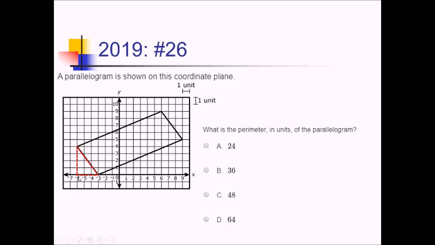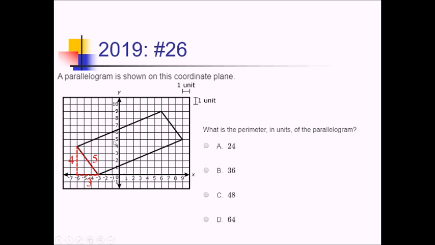So this triangle has a base of 3 and a height of 4. And if I want to find the third side, the hypotenuse, I could do the square root of 3 squared plus 4 squared and use Pythagorean theorem. However, you might also recognize this is a 3, 4, 5 triangle and not have to do the Pythagorean theorem. So that takes care of this side.